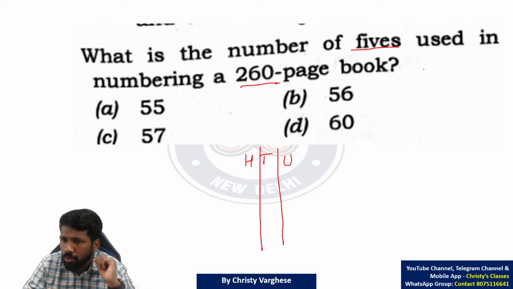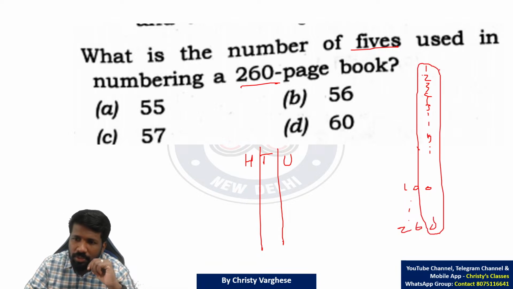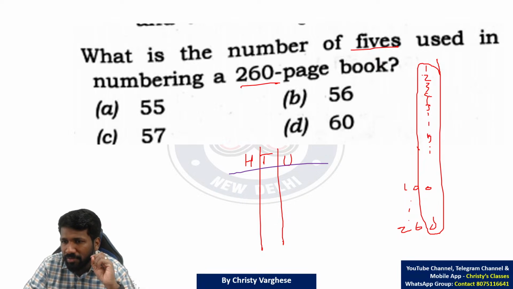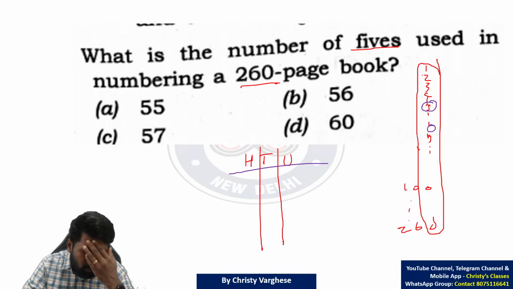When you write 1 to 260, 1, 2, 3, 4, 5, 6, 7, 8, 9, then 10, 11, 12 up to 99, then 100 up to 260. All the 260 numbers have a unit place. How many of them are 5? 5 in the unit place, how many are there? Unit place mein kitna 5s hai? This is a 5. 15 has a 5. 25 has a 5. 35, 45, 55, 65, 75, 85, 95, 105.